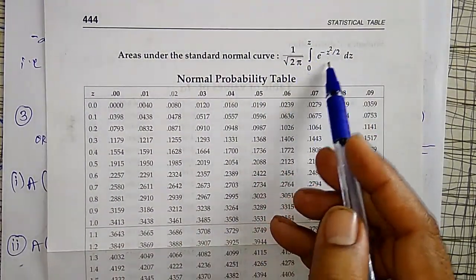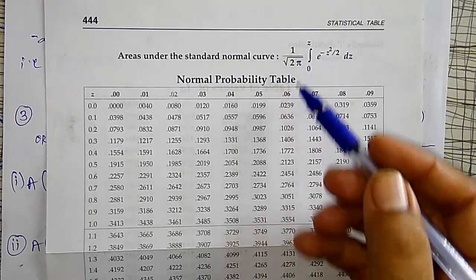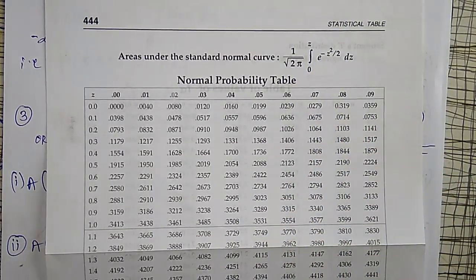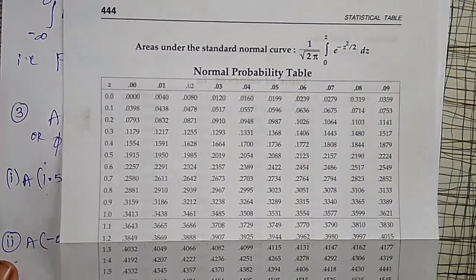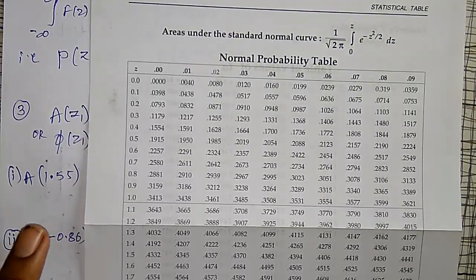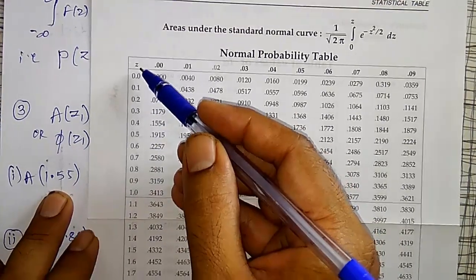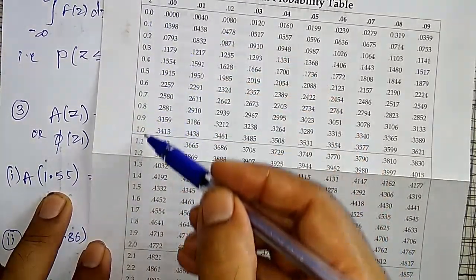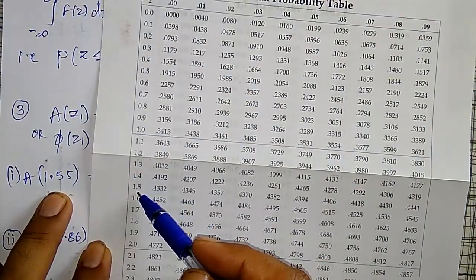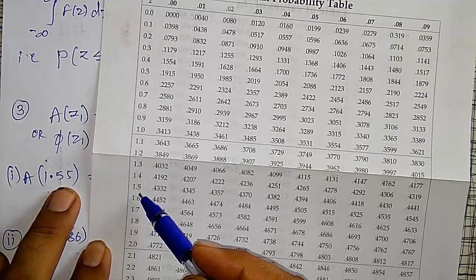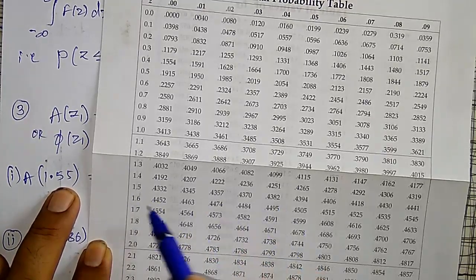This is the standard normal probability function. The area under this curve from z equal to 0 to that particular point. Here I want to find it for 1.55. First, I go to the z equal to 1.5 row, and along that 1.5 row, I have to go to the 0.5 column.